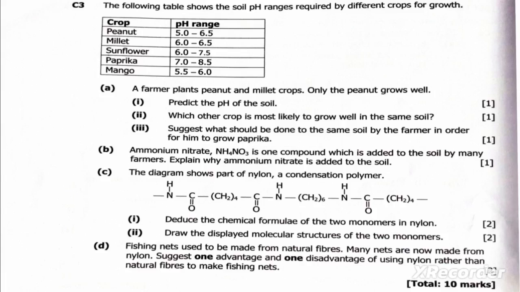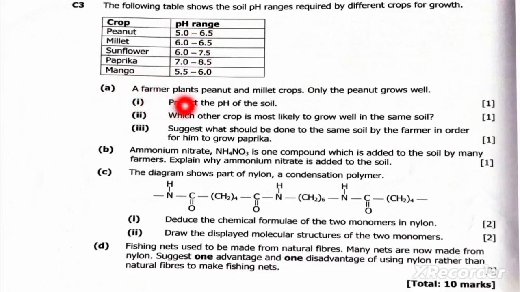Question C3 is our final question in this paper. The following table shows the soil pH ranges required by different crops for growth. The first column has the crop: peanut, millet, sunflower, paprika, mango. Then the second column has the pH range.